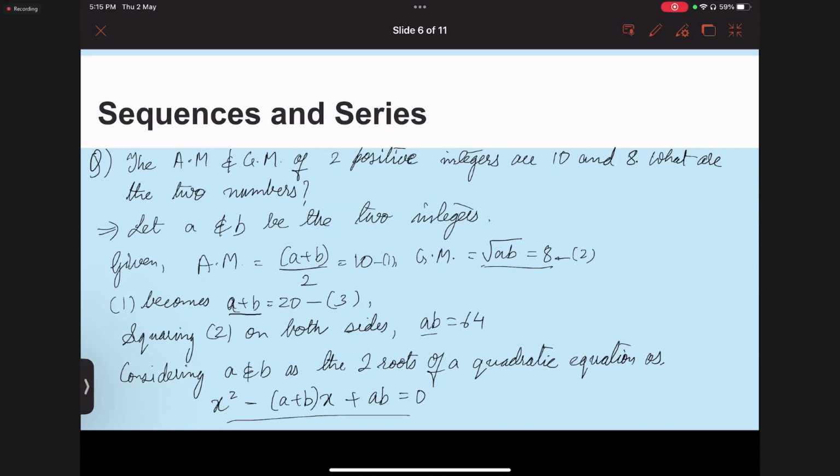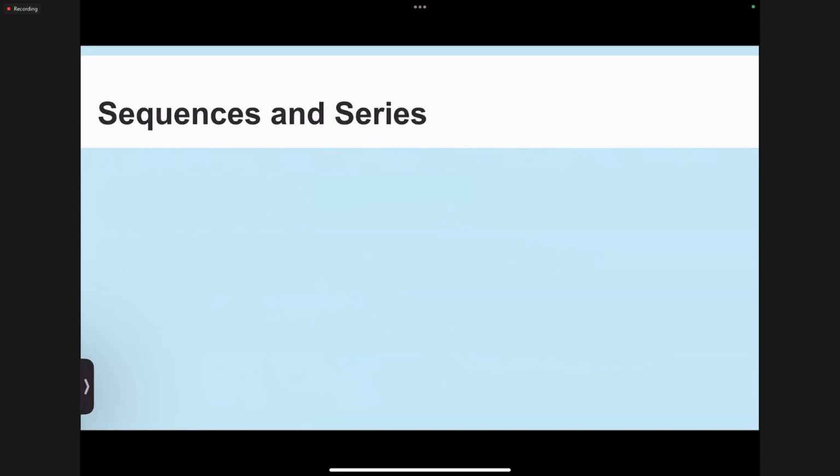So we will first find the value of x. The equation that we have is x squared minus 20x plus 64 is equal to 0. The factors of 64 that add up to 20 are 16 and 4.